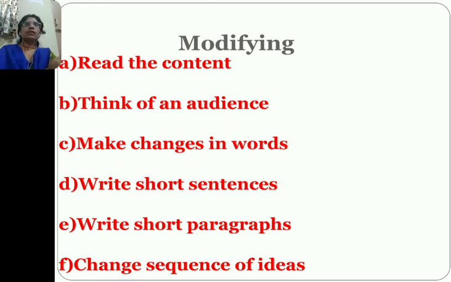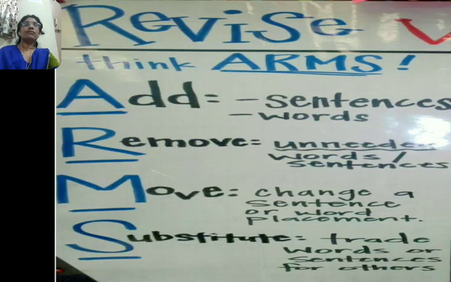Then the draft is revised. The draft is read again and again. Try to improve the draft in the step revise. The re-seeing, rewriting the content is observed in the step revising.